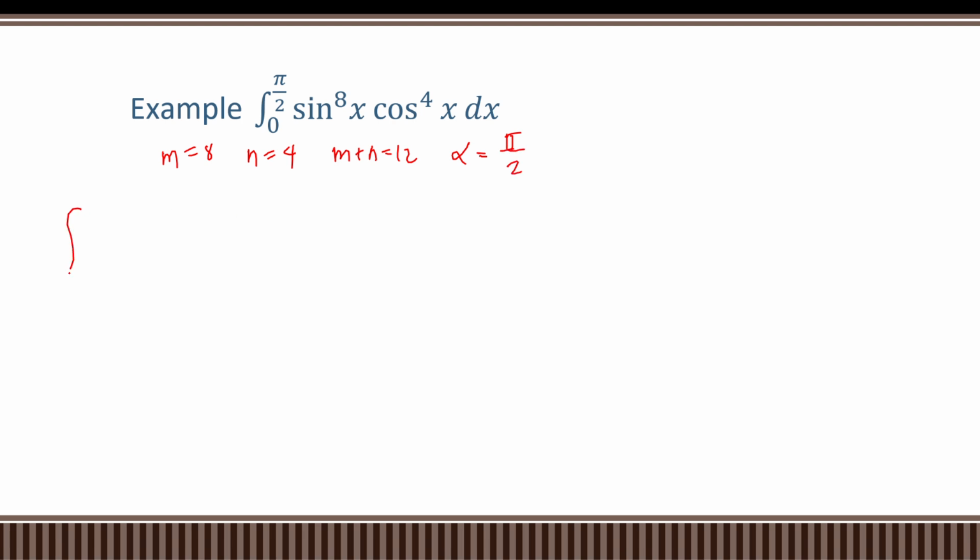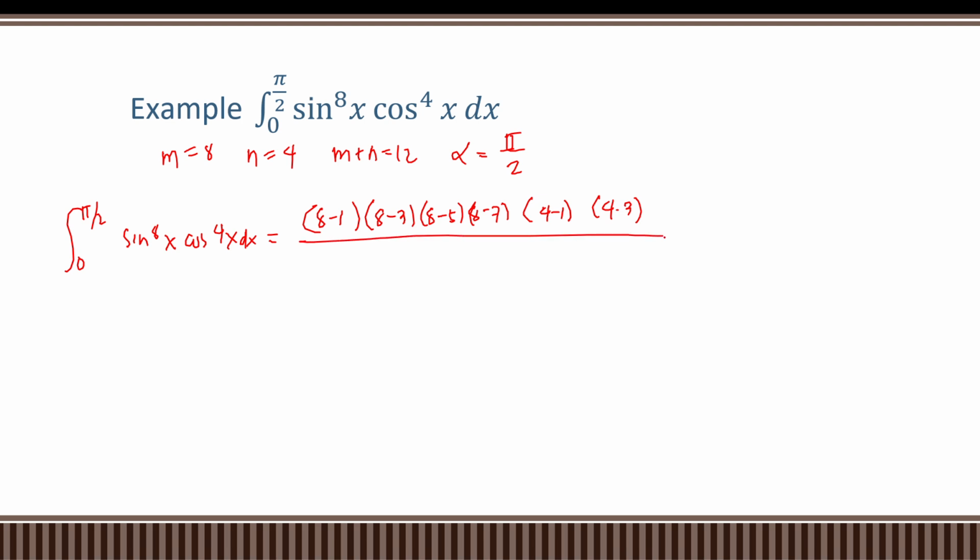Okay, next we are going to simplify the integral from 0 to pi over 2 of sine 8x cos 4x dx, which is equal to 8 minus 1, then 8 minus 3, 8 minus 5, and 8 minus 7, multiplied by n, which is 4 minus 1, 4 minus 3, over 8 plus 4, then 12 minus 2, 12 minus 4, 12 minus 6, 12 minus 8, and 12 minus 10.